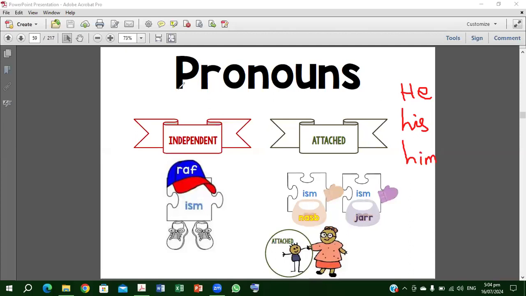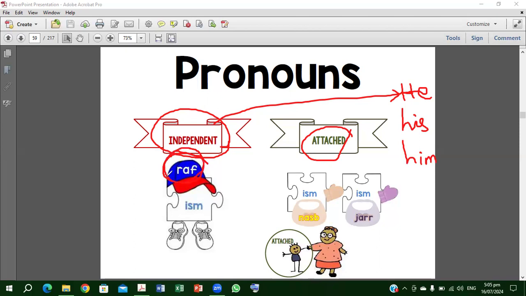So in Arabic, we say there are two types of pronouns. There are independent pronouns and there are attached pronouns. When we say independent pronoun, it is this kind, he, when he is independently doing something. They are called the pronouns of rafa.